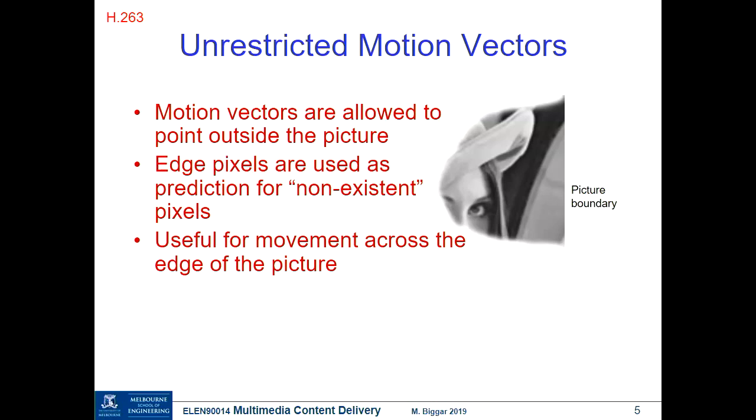But we could have a situation such as this one, where if we think of working on macro blocks from left to right down this picture, if we're about to encode, say, this macro block, then it would actually be useful to be able to grab those pixels from the previous frame, right?